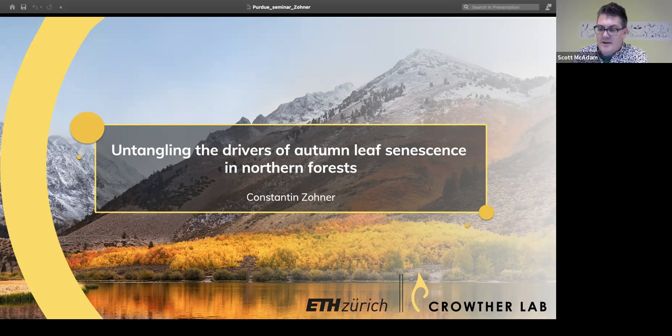He has published quite a few recent and very interesting, engaging papers on the effects of climate change on global temperate forest phenology, which is a really interesting and important topic, especially considering we're now at the end of a very late autumn in Indiana. So certainly we are seeing the effects of these changes in climate now. So it's great to have you here, and I'm looking forward to your talk.